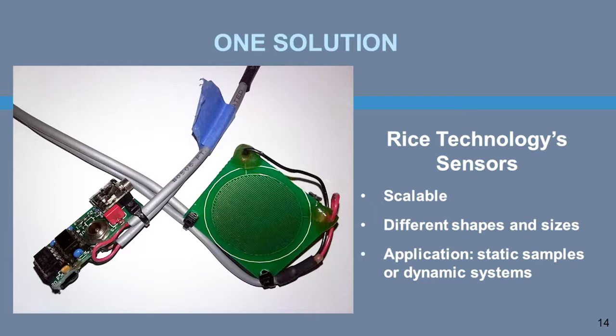Rice sensor, here we brought one of the sensors we have, and we will pass it around for the judges right after our presentation. So it's this one that we fabricate in the lab. It has this size, but we can fabricate it smaller or larger.